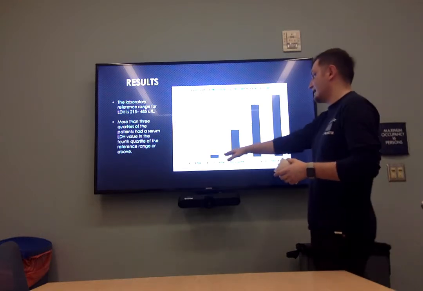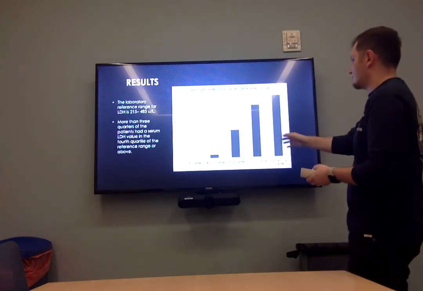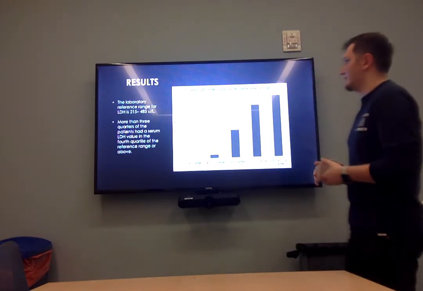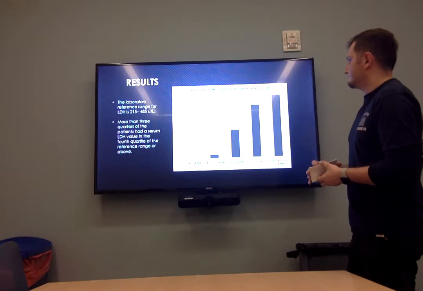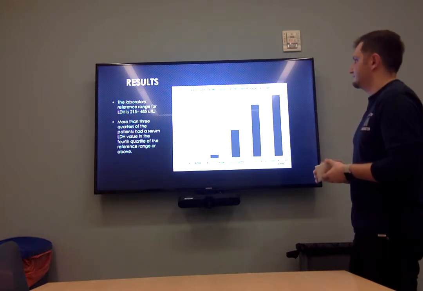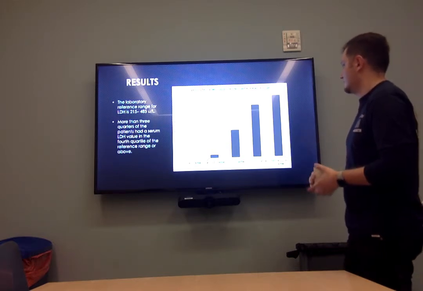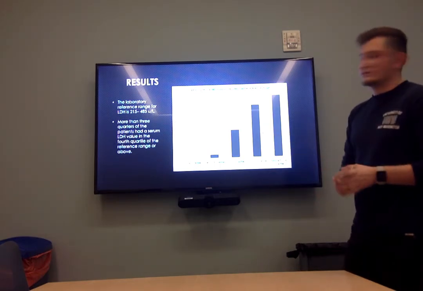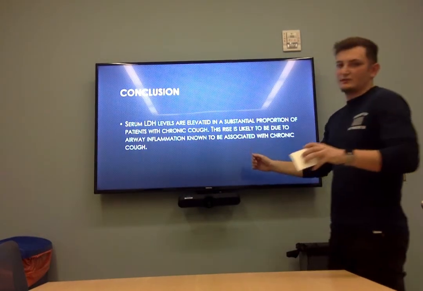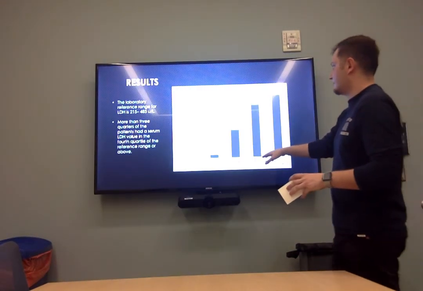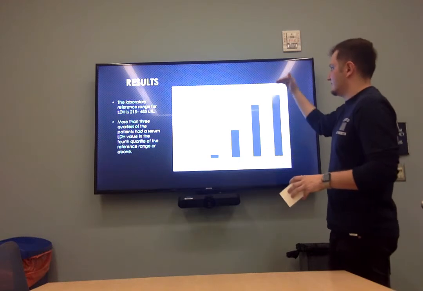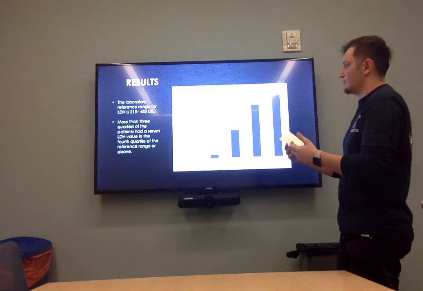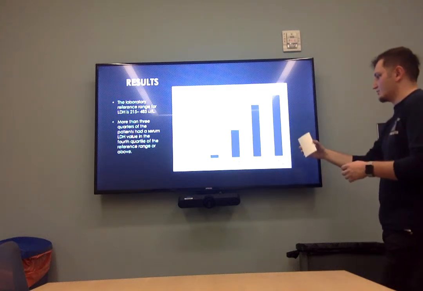As you can see here, the x-axis is measuring the quartiles, and the y-axis is measuring the percent of LDH in the serum, and then the distribution of the interquartile reference range. As I said, in the 4th quartile you see a significant value. It's pretty high up there, with more than half the patients falling into the 4th quartile or above.